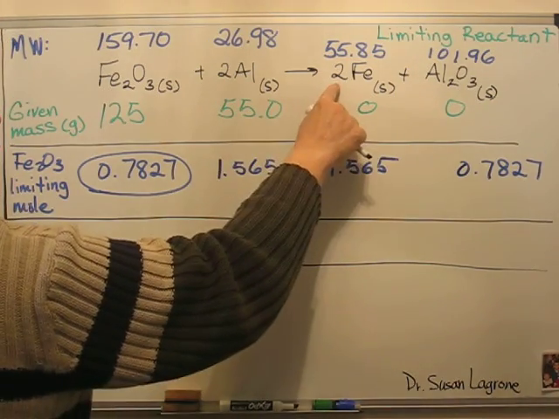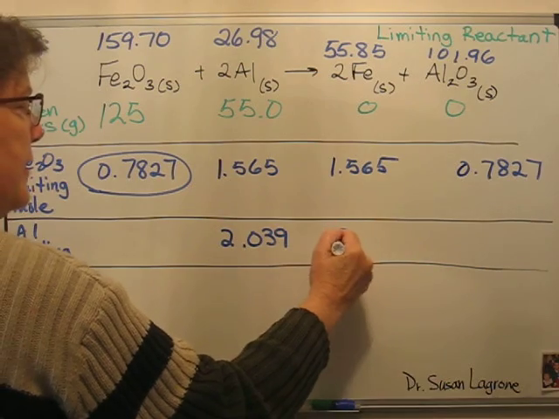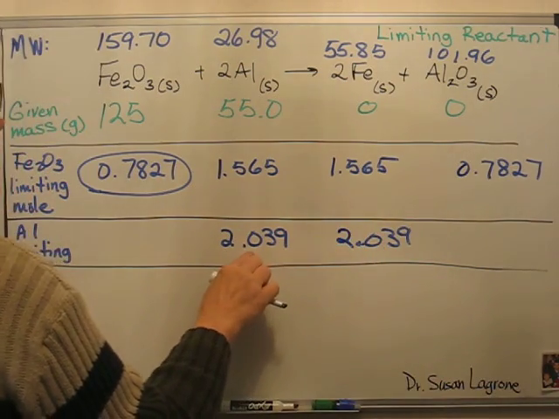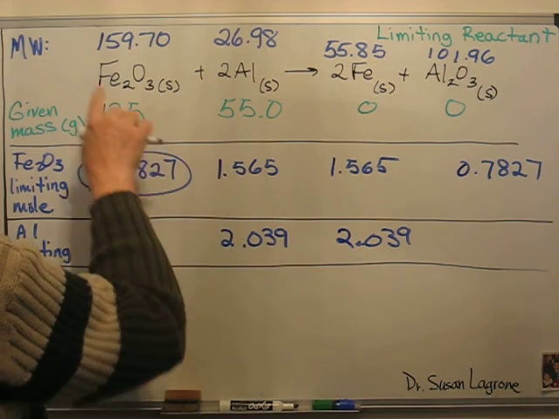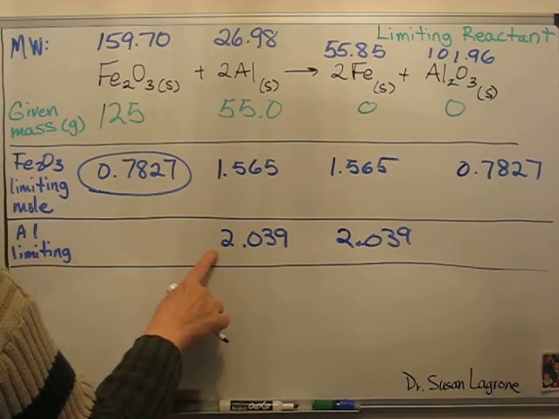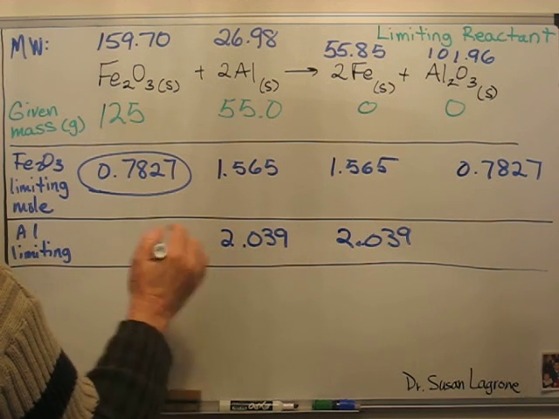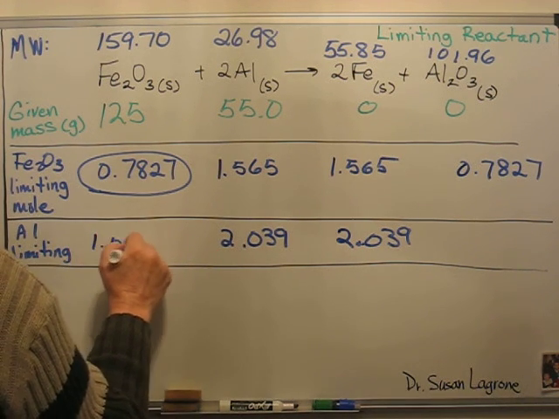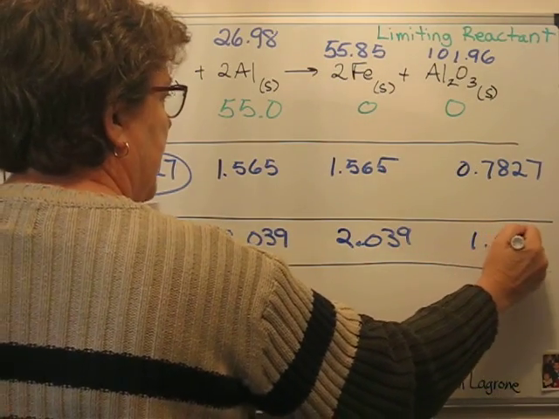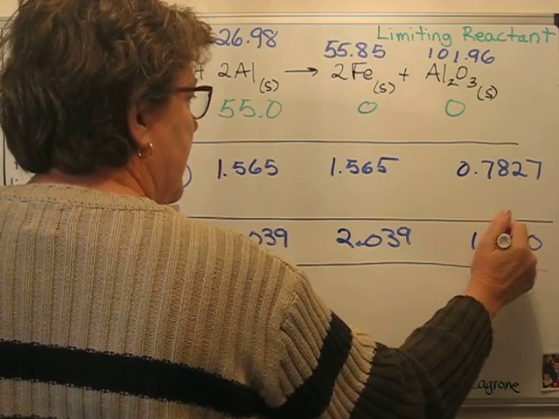So aluminum and iron are in 1-to-1, so I know I've got the same molar amount of iron produced as I used aluminum. But I have half as much iron required to use that. So this mole amount divided by 2 is 1.020. They're in a 1-to-1 mole ratio, so 1.020, and that's a 0.